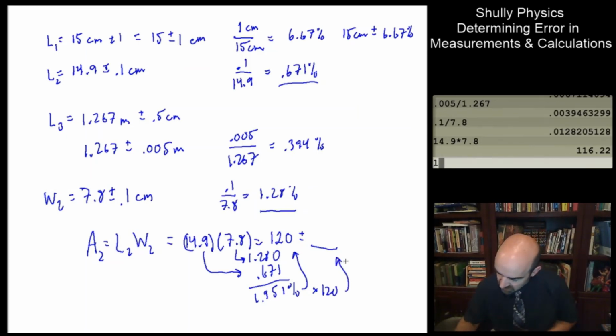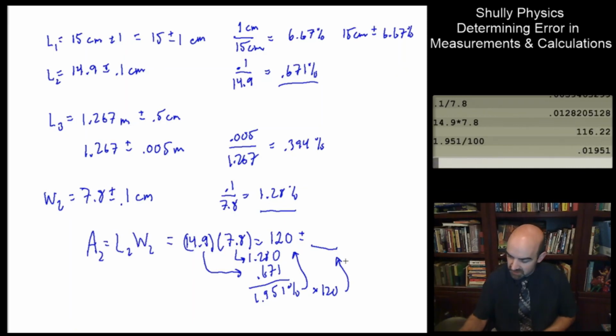So 1.951, the sum of the two percent errors from the others, I plug that into my calculator. I'm going to divide that by 100 to get percent. There we go. And I'm going to multiply that by 120. So 2.34.